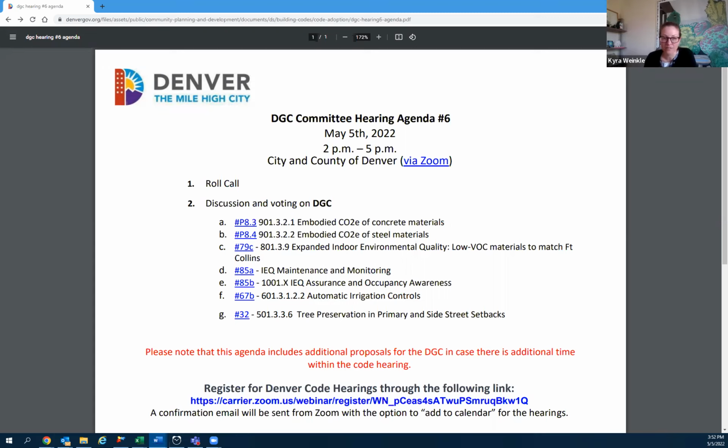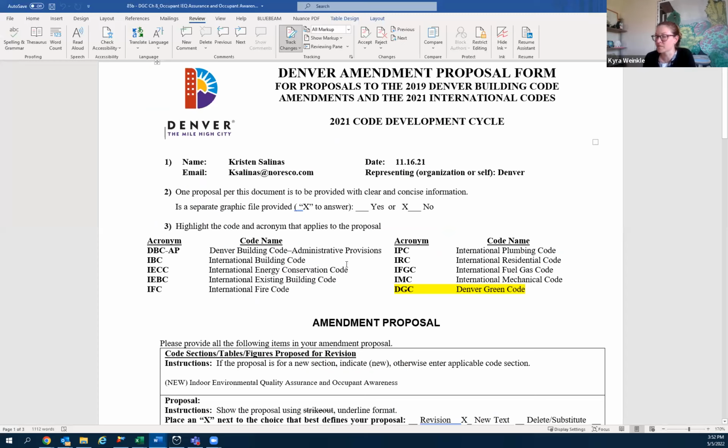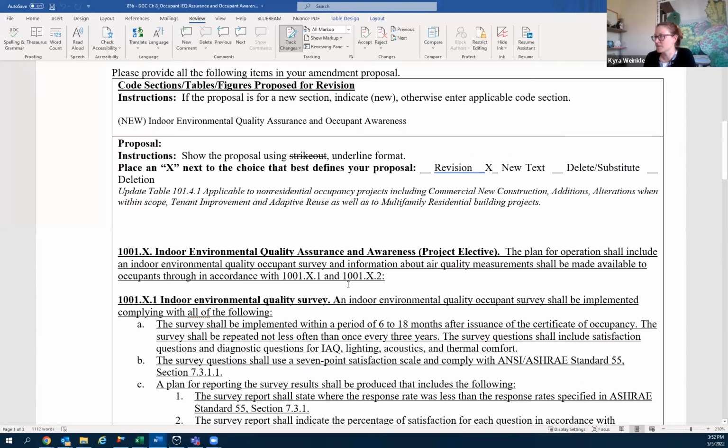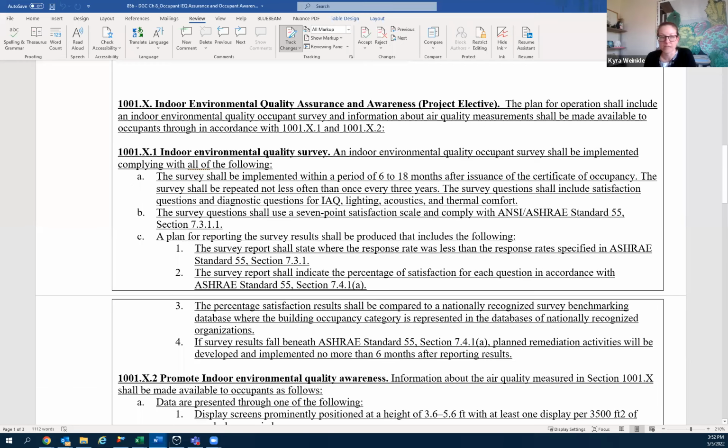85B really follows very directly up from 85A, and also follows the thinking of the benchmarking beyond energy that we had talked about in a previous hearing. This one is about indoor environmental quality assurance and awareness. And again, just ignore that project elective language for now.